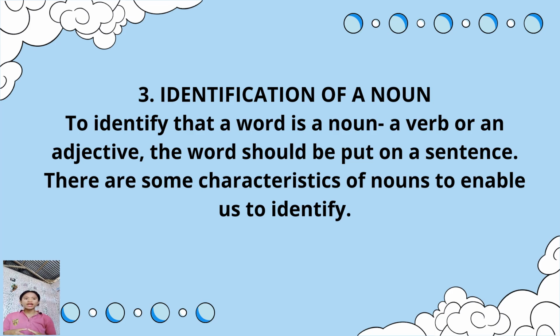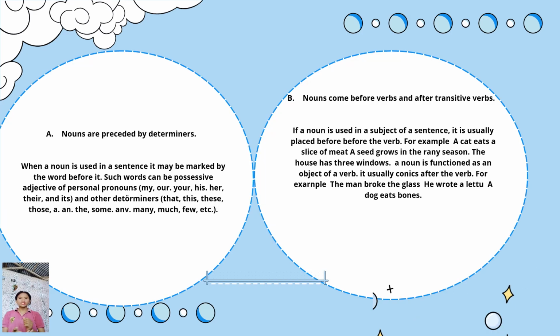And the third is the identification of a noun. To identify whether a word is a noun, a verb or an adjective, the word should be put in a sentence. There are some characteristics of nouns that enable us to identify them. Option A: nouns are preceded by determiners. When a noun is used in a sentence, it may be marked by the word before it.